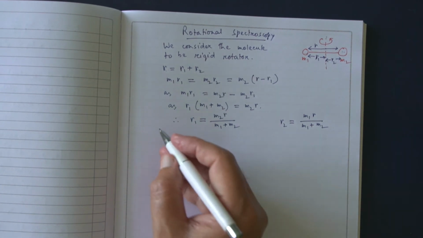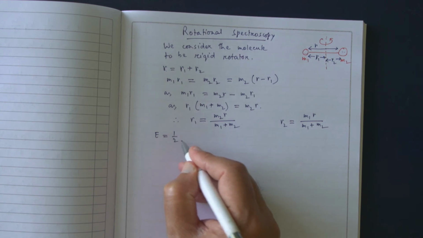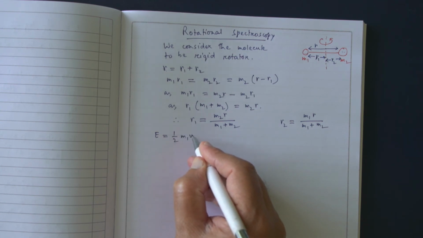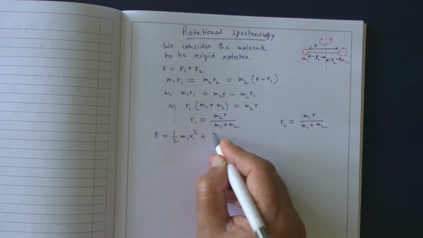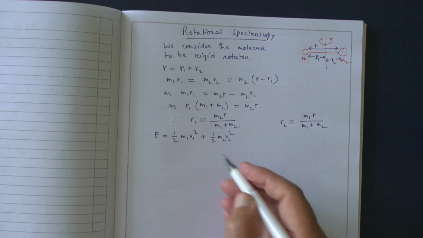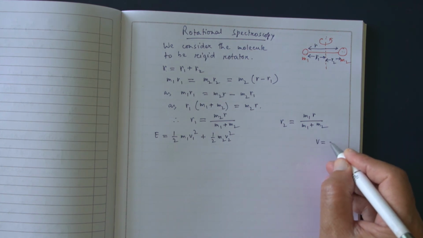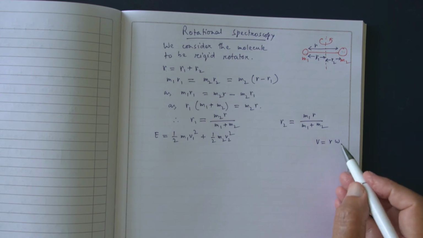Now, what is the total energy? Total energy equals half M1 V1 square plus half M2 V2 square. Kinetic energy, potential energy is 0. Now you know that v equals r into omega, where omega is the angular velocity.